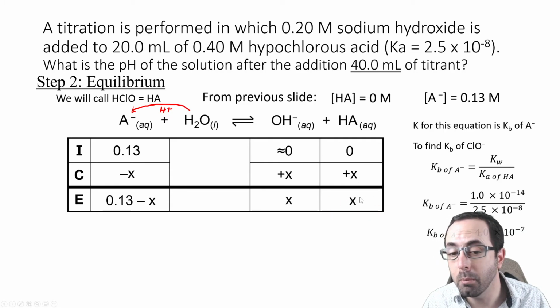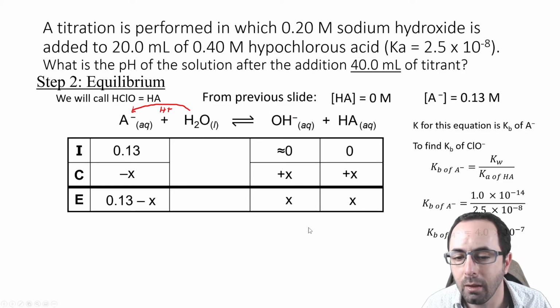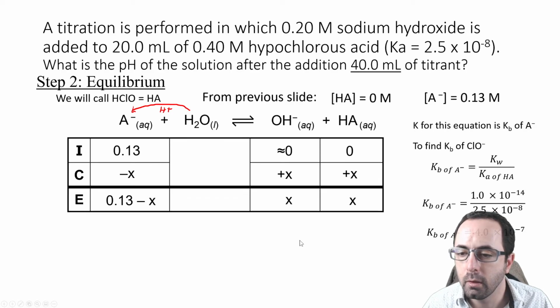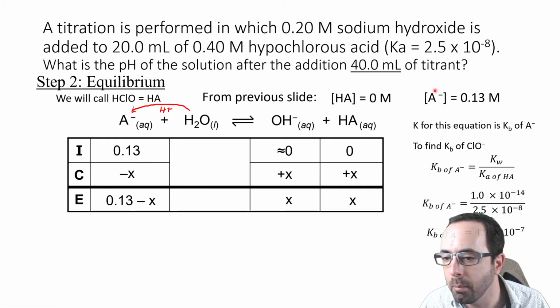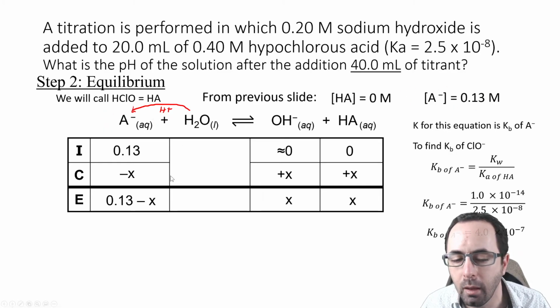Another thing to keep in mind here is that a lot of times people forget x is hydroxide in this case. We're going to have a little bit of an extra step in calculating the pH because we're going to start with the concentration of hydroxide once we solve for x. We can't use the Henderson-Hasselbalch equation, okay? Don't try. HA is 0. We do not have a buffer. We do not have a mixture of the weak acid and its conjugate base. We have just a weak base here, equilibrium, for this A-.